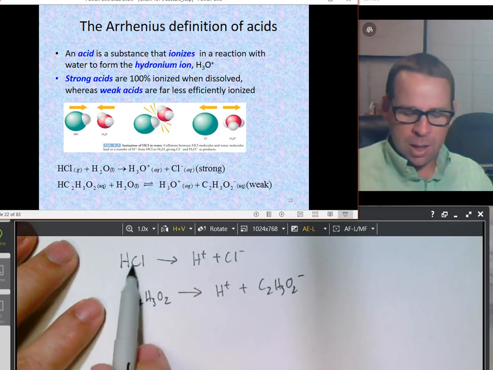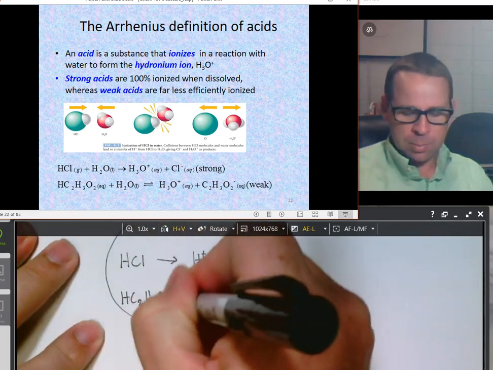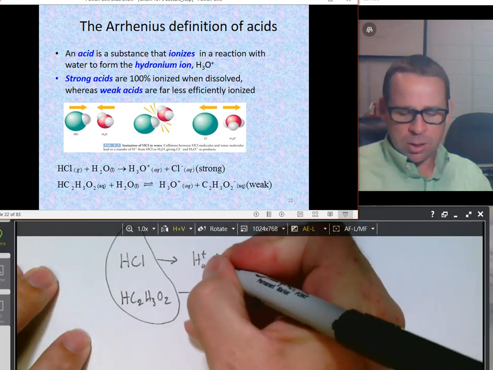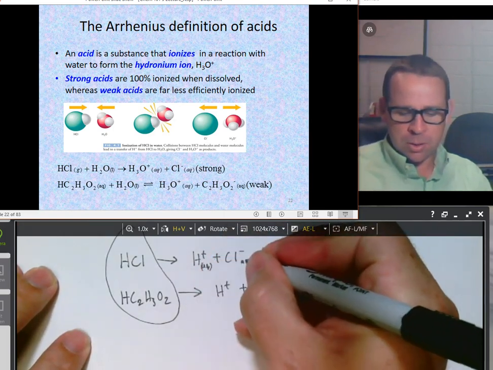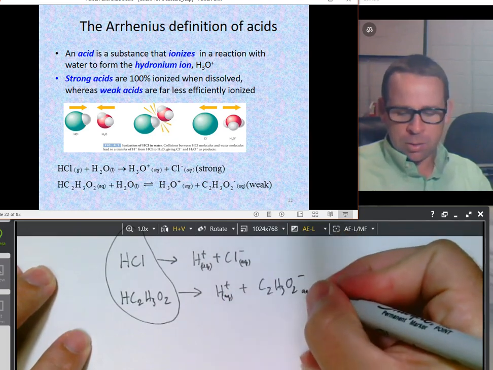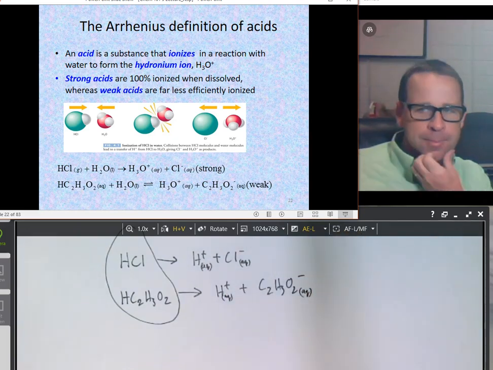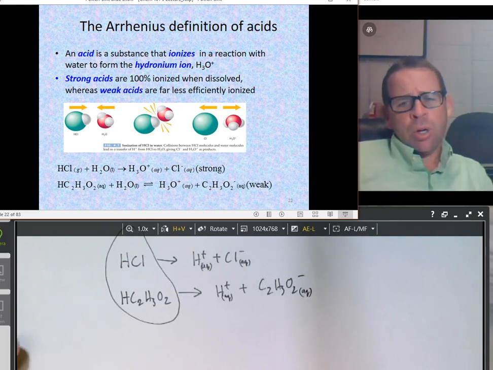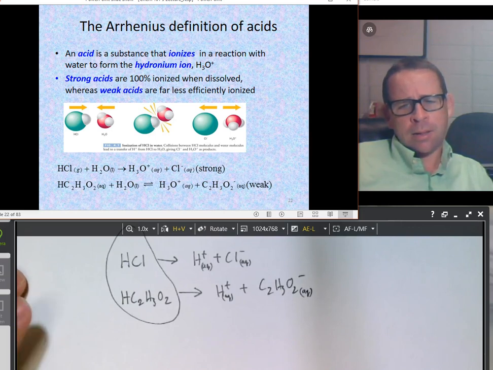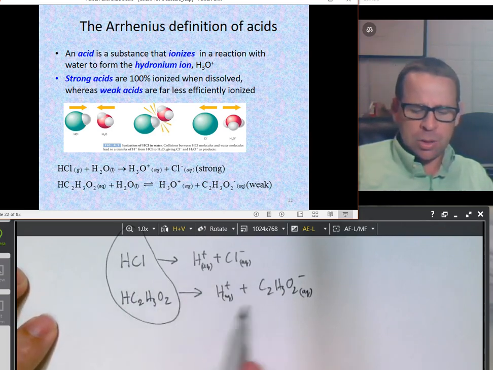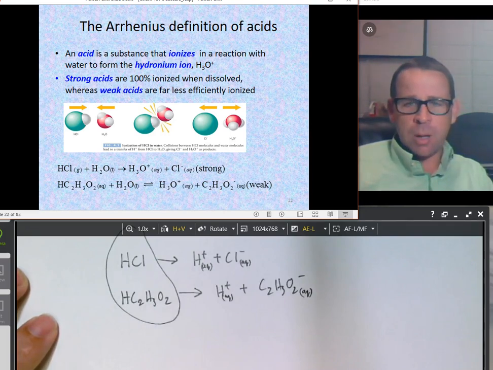All right, so some molecular compounds will actually, when placed in water, dissociate into their ions, and I'll put aqueous on all of these so you can see that these are now dissolved in water. Okay, so what this is showing is that this group of compounds that are molecular dissociate, and this group of compounds we call acids.